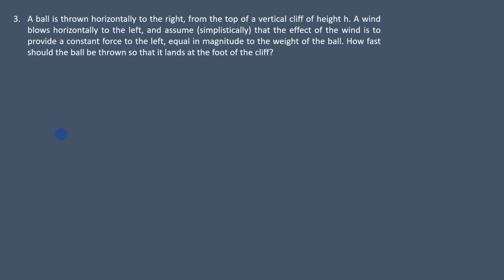A ball is thrown horizontally to the right from the top of a vertical cliff of height h. A wind blows horizontally to the left, and assume simplistically that the effect of the wind is to provide a constant force to the left, equal in magnitude to the weight of the ball. How fast should the ball be thrown so that it lands at the foot of the cliff?